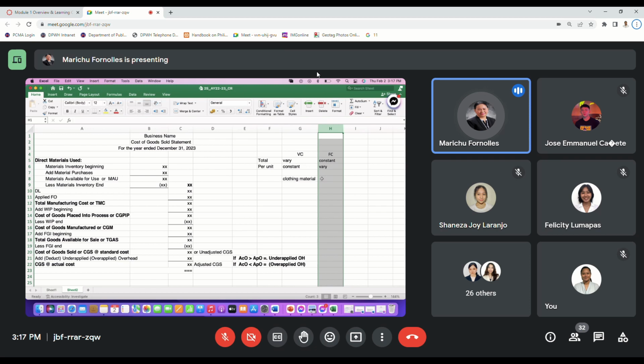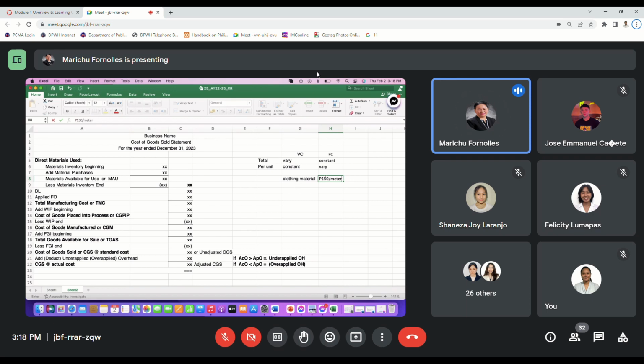So, it depends on the size, on the length, on the style of your dress. So, let us say for a simple dress, 1 meter of clothing material will be fine for small women, right? You can already sew a dress with 1 meter of the fabric of the clothing material. If let us say 1 meter will cost you 150 pesos per meter.